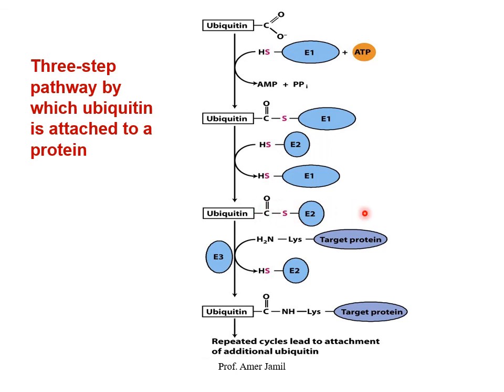Now the target protein comes here, and the target protein is bound to this molecule. So repeated cycles lead to attachment of additional ubiquitin molecules here.